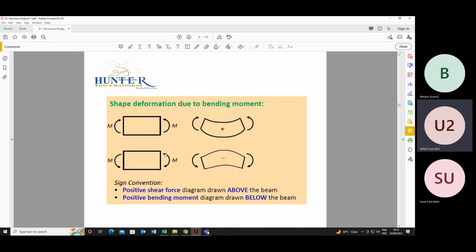If the bending moments are acting in this direction, they cause hogging, so it will be considered as negative. Sign convention: positive shear force diagram is drawn above the beam. If the shear force is positive, the shear force diagram is always drawn above the beam. Positive bending moment diagram is drawn below the beam.